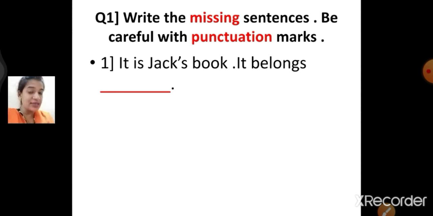If it is Jack's book, the book belongs to Jack. So in the sentence, it is like this: It is Jack's book. And the other sentence, it belongs to Jack. So your answer is to Jack. No apostrophe over here. It is Jack's book. It belongs to Jack.